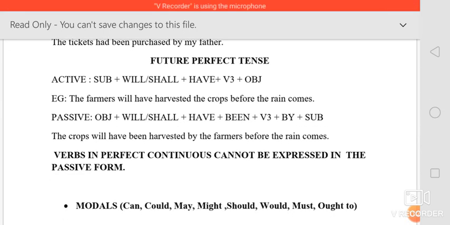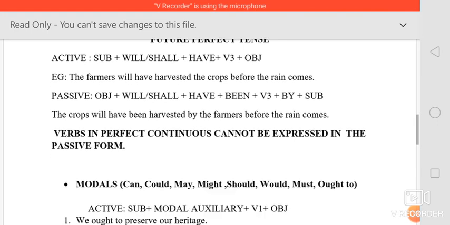And moving on to the next one, future perfect tense. The active form of future perfect tense is subject first, then will or shall plus have plus V3 plus object, right? The farmers will have harvested the crops before the rain comes. Okay, so that is the future perfect tense active form. Now we are changing it.